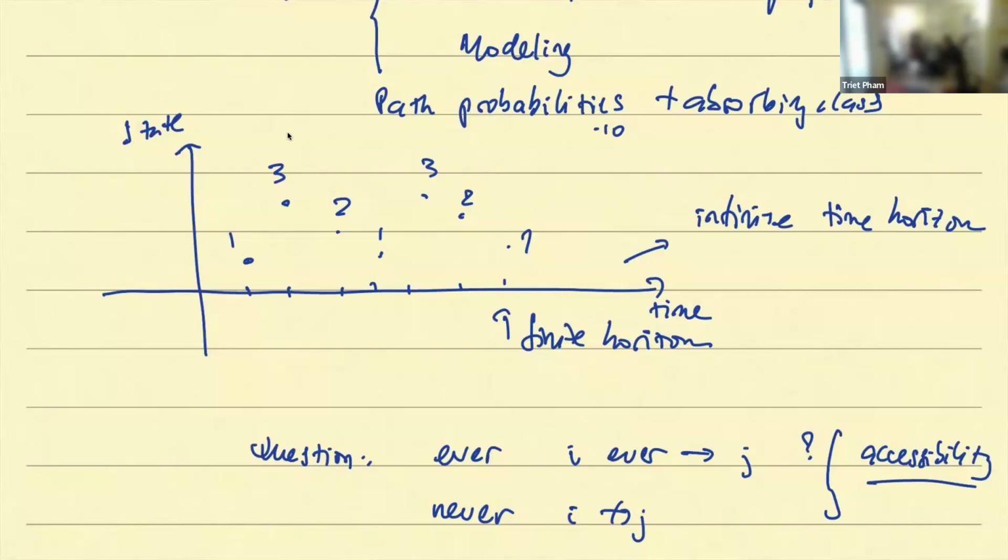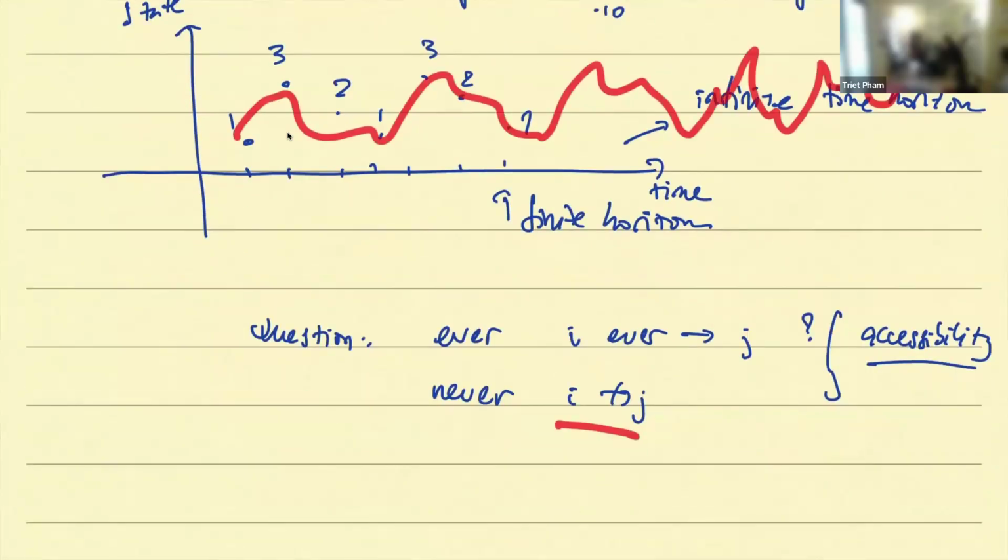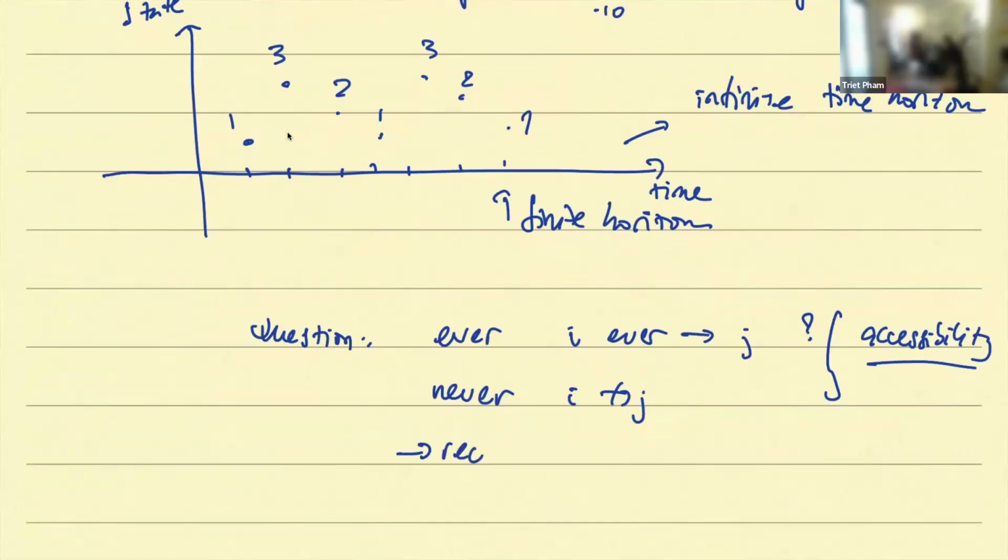But what else? Let's say that beyond this, of course, if it's never visiting, then who cares? But among the ones that it will revisit, there will be an idea of a recurrent class. And the other one will be the transient class.